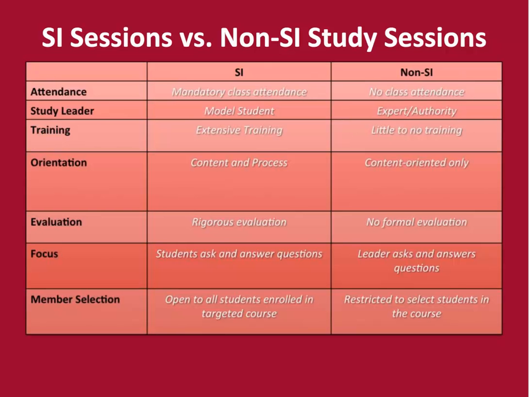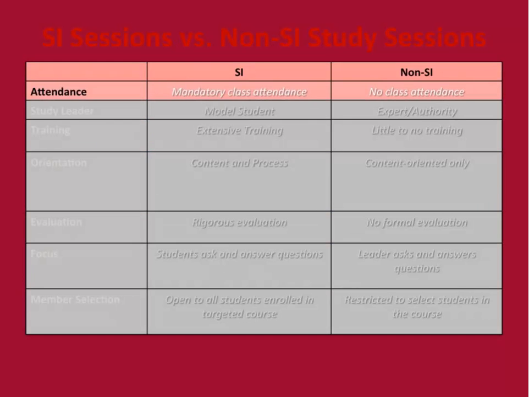When comparing SI to more traditional study groups, the following aspects can be examined. SI leaders are required to attend all classes and familiarize themselves with class materials. Attending class also allows them to regularly communicate with SI faculty members of their assigned section. SI leaders function as a model student rather than an authoritative figure.